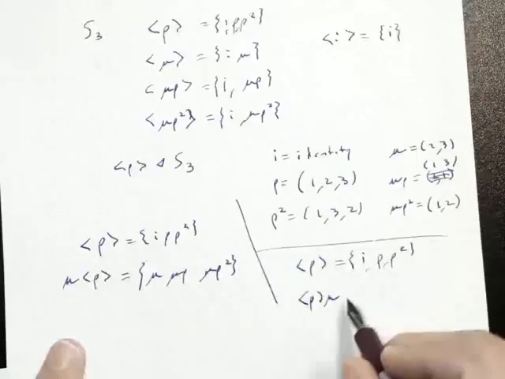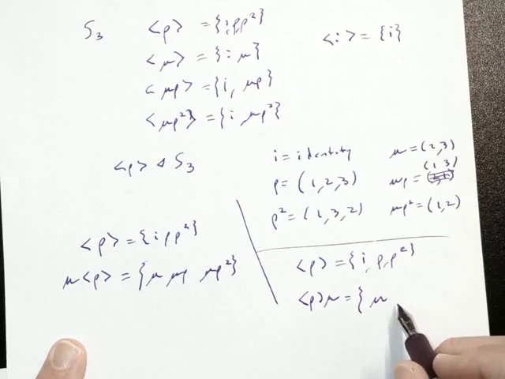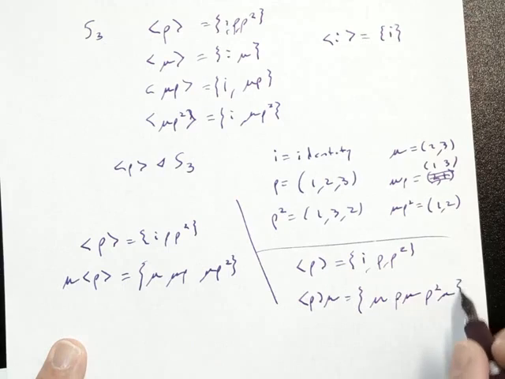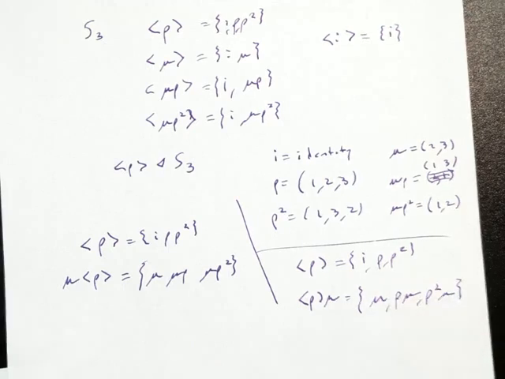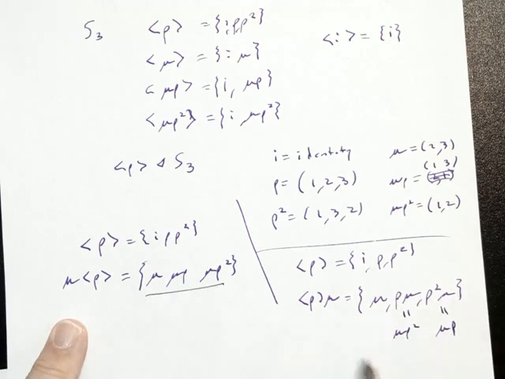Rho mu is mu, rho mu, rho squared mu. But rho mu is mu rho squared. And rho squared mu is mu rho.